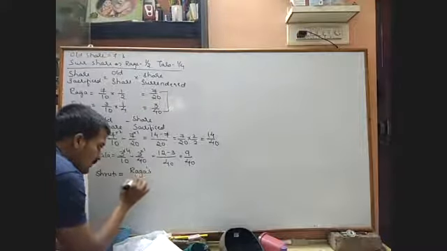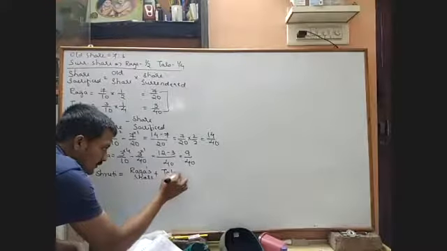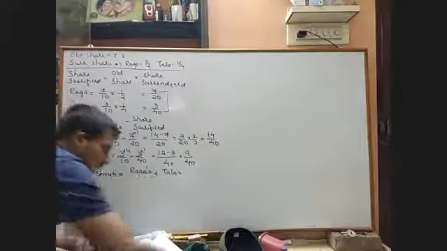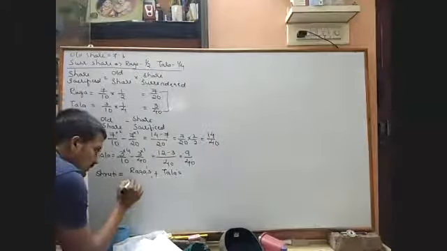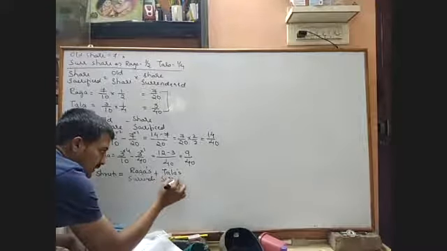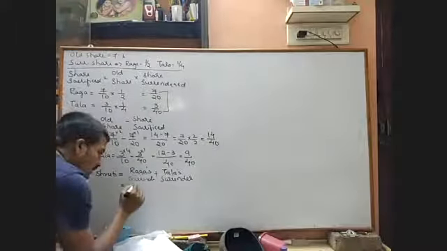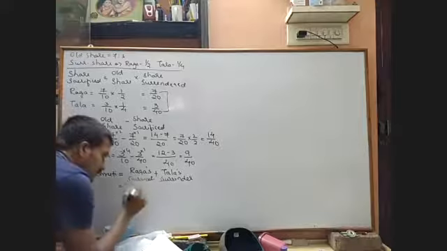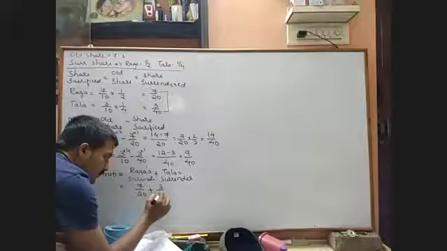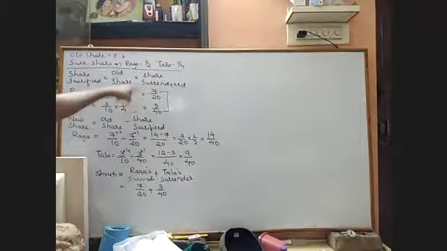So that's why now what we will do is, Shruti's is equal to Raga's share plus Tala's, sorry, not Raga's share. It is Raga's surrender plus Tala's surrender. So that will be 7 by 20 plus 3 by 40. 7 by 20 plus 3 by 40, adding these two.